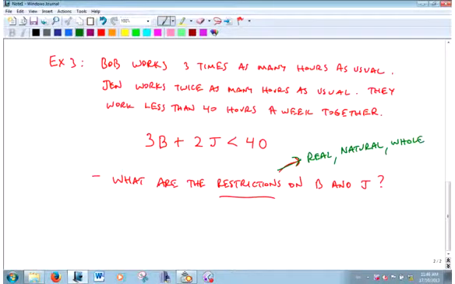Every situation you get when you're getting a question like this, you got to think, what makes sense here? What's the difference between real, natural, and whole? Real is like decimals, right? Negatives, fractions. Natural numbers, that's where they started the number system. That's just 1, 2, 3, and so on. Whole numbers include 0.